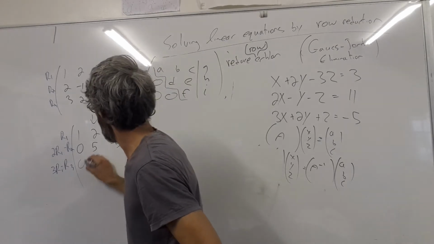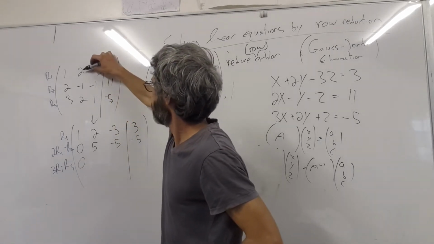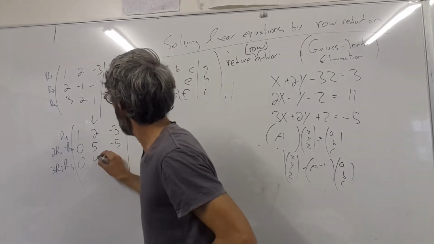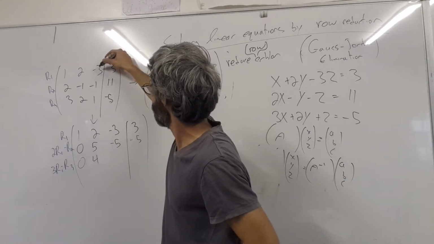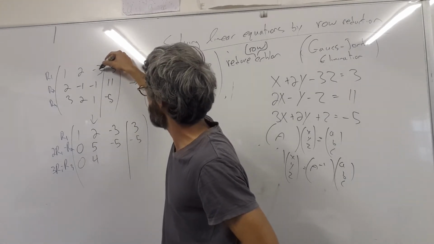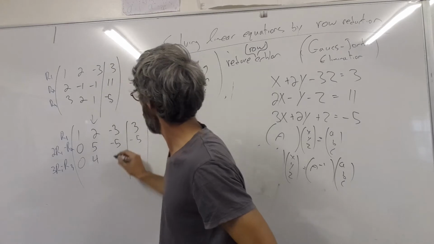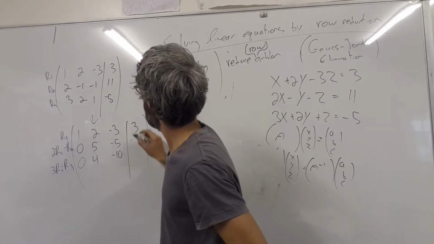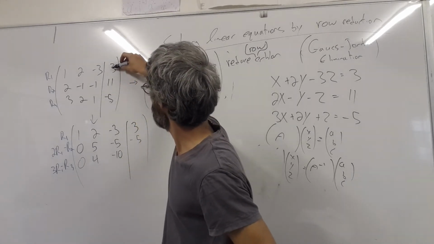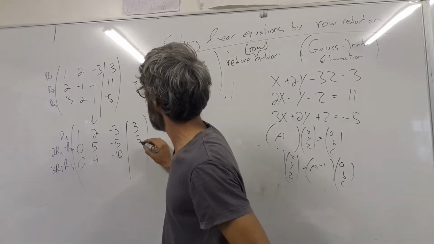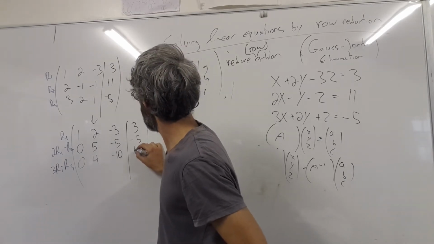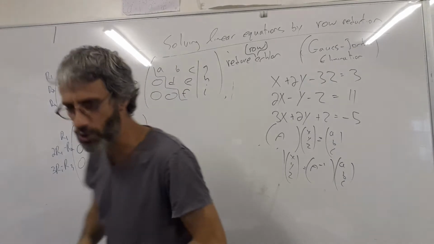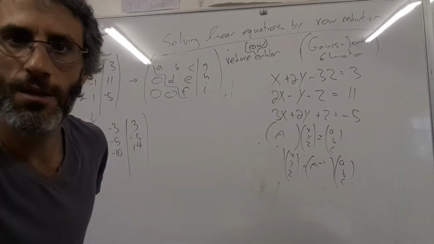So it's going to be 0. 6 minus 2 is 4. Minus 9 minus 1, minus 10. And then 9 minus 5, 14. Let's just pause here and make sure I didn't do any blunders.